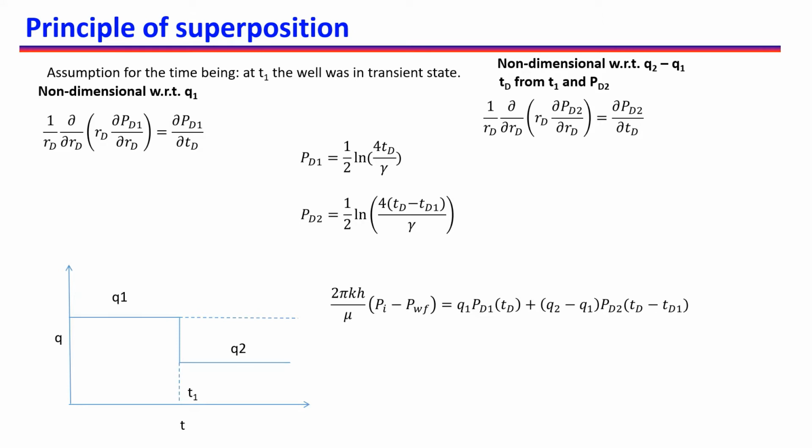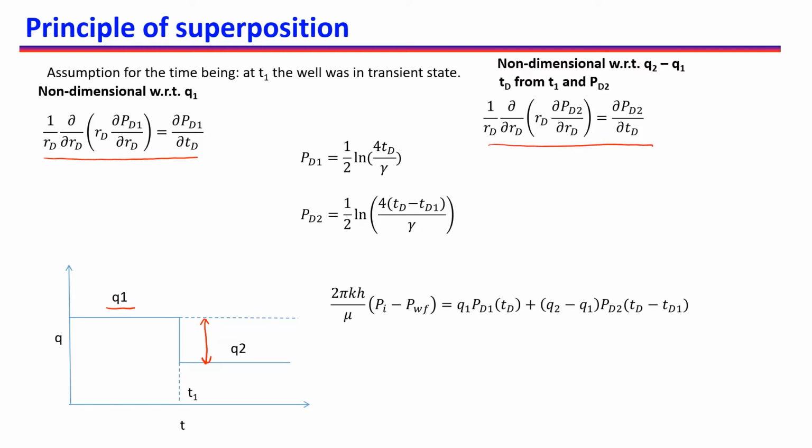Here we are discussing reservoir engineering. In my last video, I left off at the principle of superposition. There I discussed that due to linearity of the diffusivity equation, we can divide the diffusivity equation and the boundary conditions in two parts, one for flow rate Q1 and another one for flow rate Q2 minus Q1.